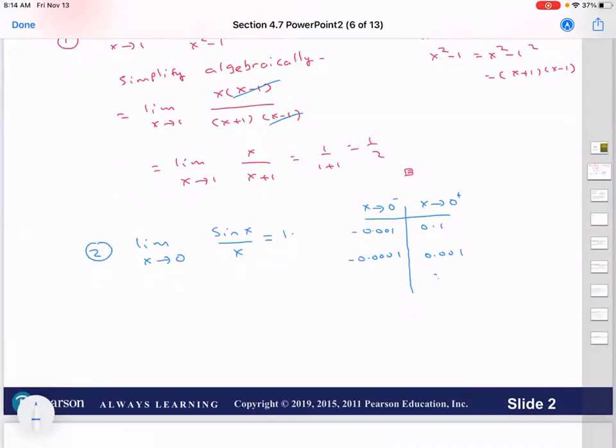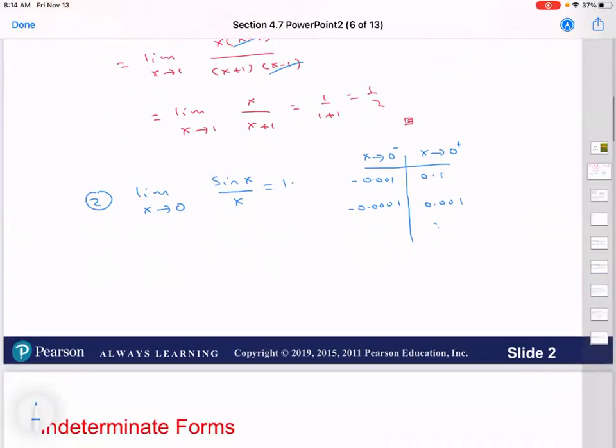Let me do one more, just for practice at home. Can you try to find this limit? X cubed plus x squared minus 2x divided by x minus 1.